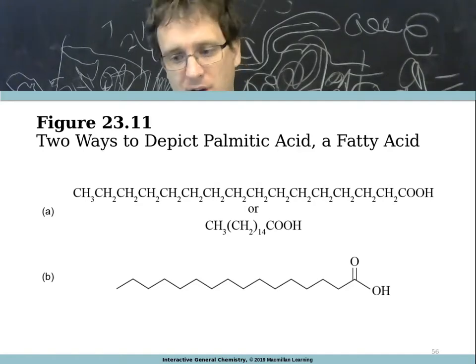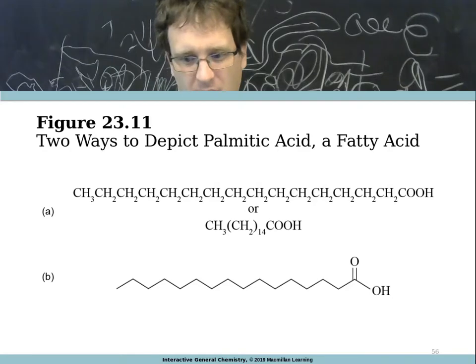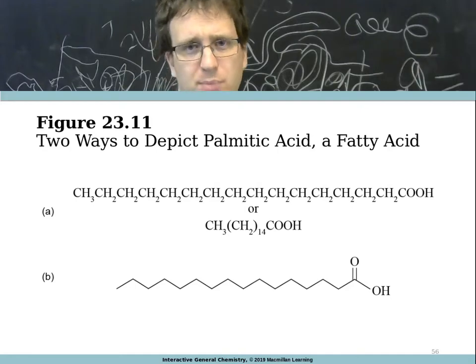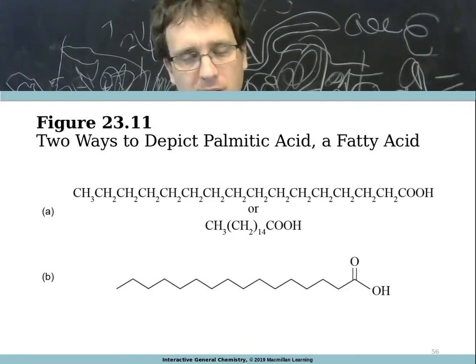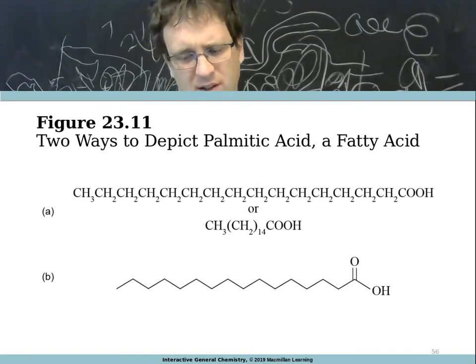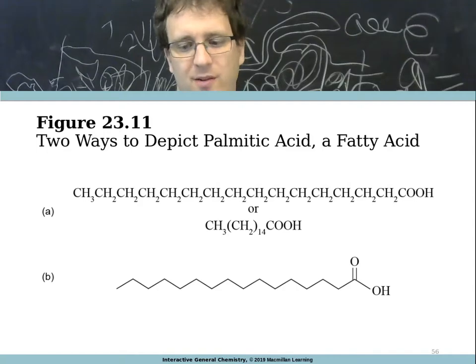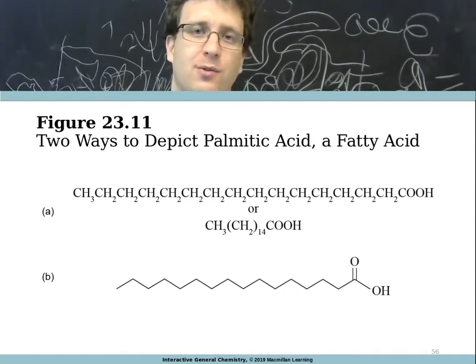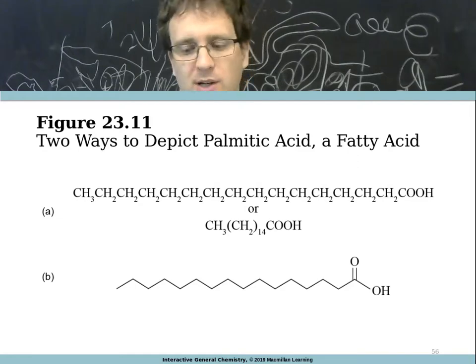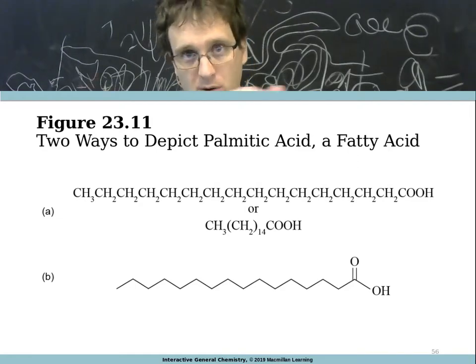So up at the top is just the condensed structure, where we don't show any individual bonds, but we do show every carbon explicitly. And then down below that, we kind of shorten things, make our lives a little easier by saying, well, we've got 14 CH2s rather than write it 14 times. I'll just put them in parentheses with a 14 because these fatty acids tend to be long molecules.